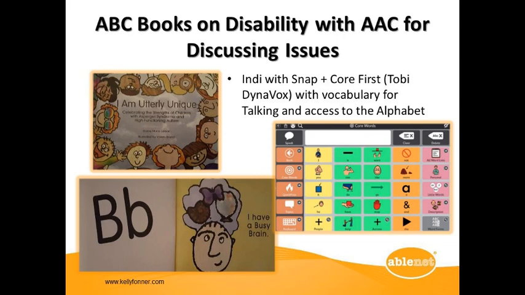And actually it was my cousin who has a son with Asperger's who introduced me to this book when he was very young. And he just graduated from high school last year. And she talked about how this was important, and it was something that when he was a little boy and they were just talking about it, and how he was, actually this one, how he had a very busy brain.